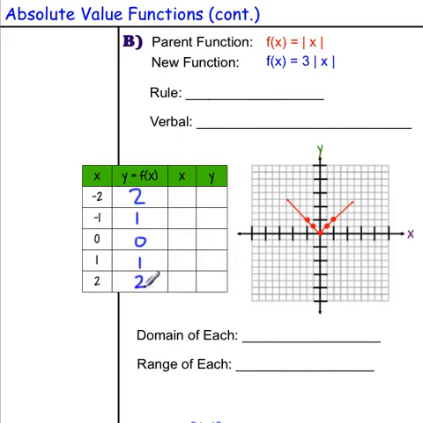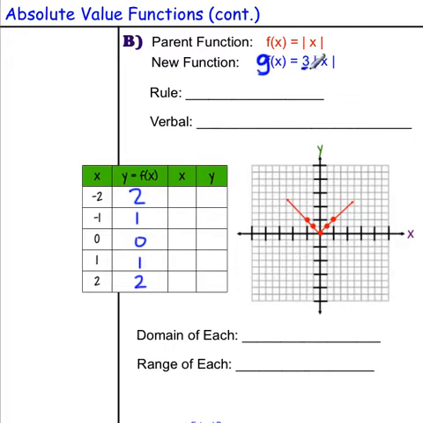Now if we take a look at our g of x, or our new function f of x, we really should change that. We'll make that into g of x, so that way we remember that they're different. We have 3 times the absolute value of x.